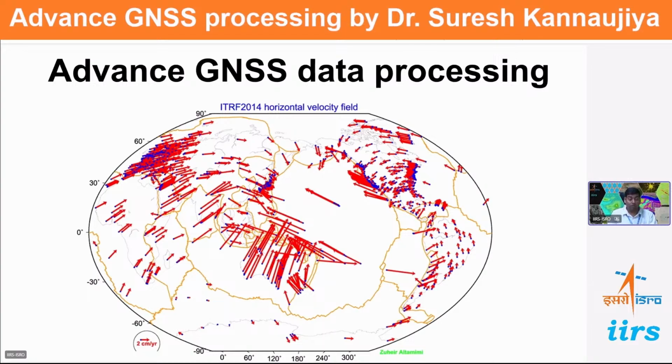It is mainly seen at the convergent boundary, divergent boundary, and transform boundaries. You see the consequence of the plate movement.